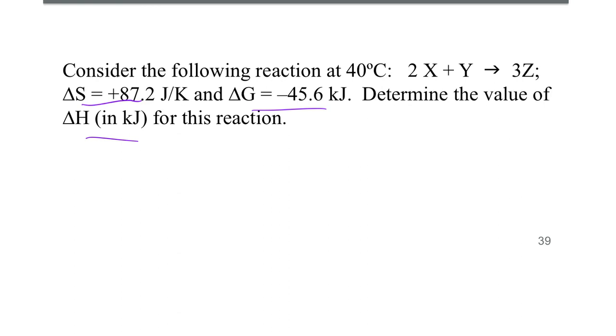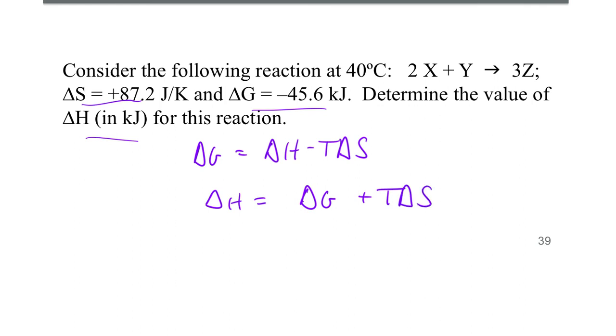Okay. How's this problem? Is it okay? Hopefully it comes down to a plug and chug type question. So we have delta G equals delta H minus T delta S. We can rearrange our equation to solve for delta H. And really, the trick here is making sure your units are going to match up, right?